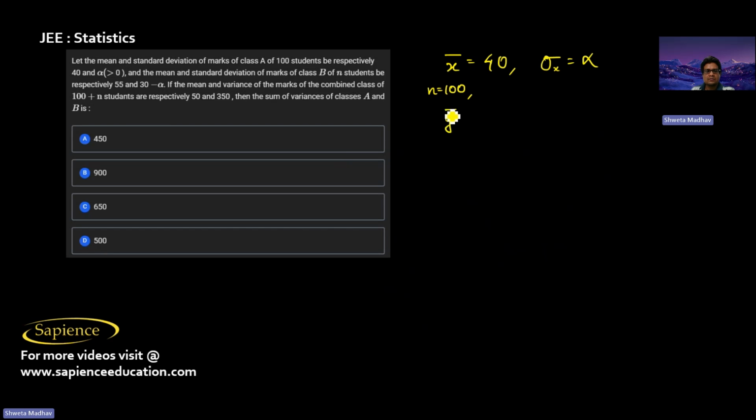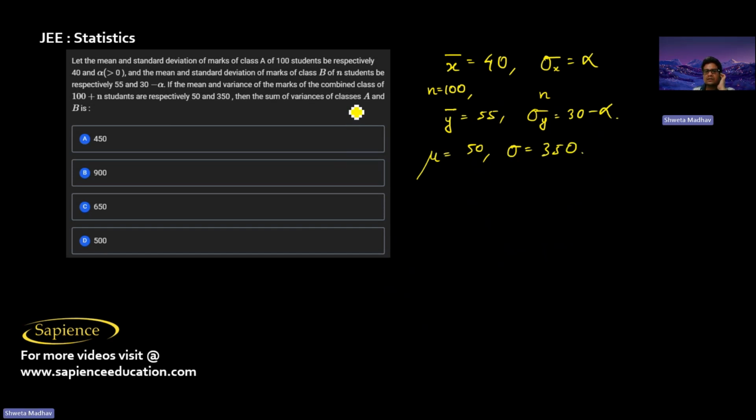So then y bar is 55, and sigma y is 30 minus alpha, and there are n students here. The mean and the variance of the marks of the combined class of 100 plus n students are respectively 50 and 350.